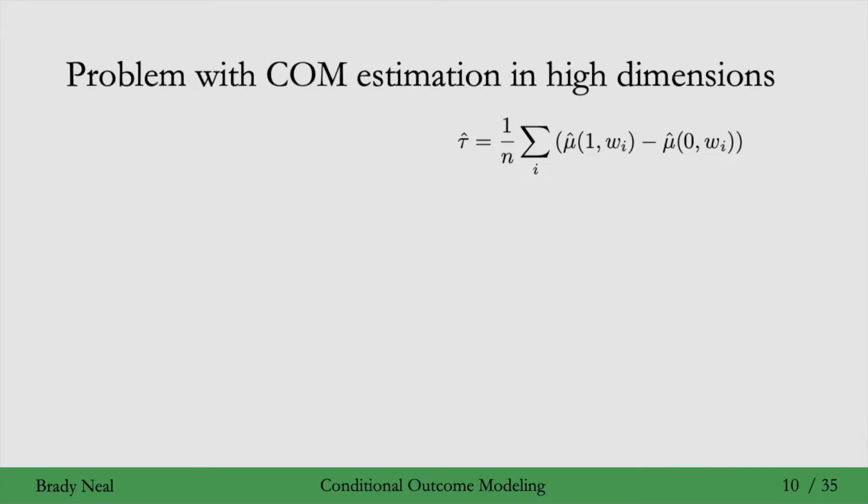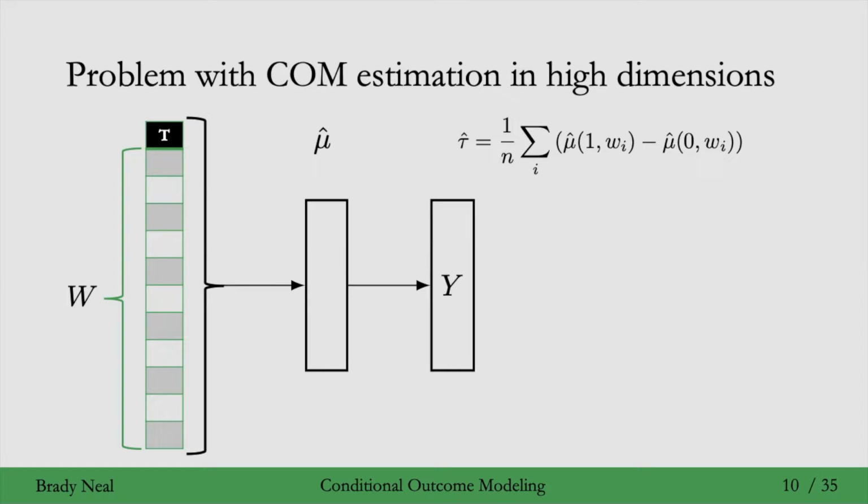Now, imagine that we're using COM estimation in high dimensions. So the W vector here is high dimensional, and t is a scalar, only one-dimensional. And we're fitting a model mu hat to this data. So here I've depicted a neural network, but you could imagine any model for this.